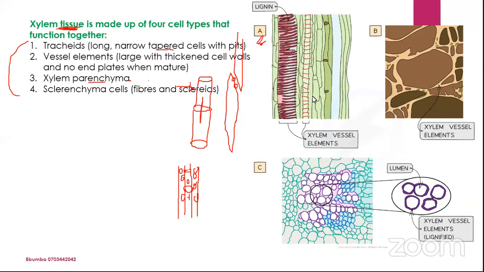That's why I've told you that here in transport, we don't look at formation of the xylem or even the phloem. That is histology. That's where you study histology, okay? But here in transport, we study these tissues after they have been formed. So we study their structures and then how they conduct water. So right now we are looking at the structure of the xylem.